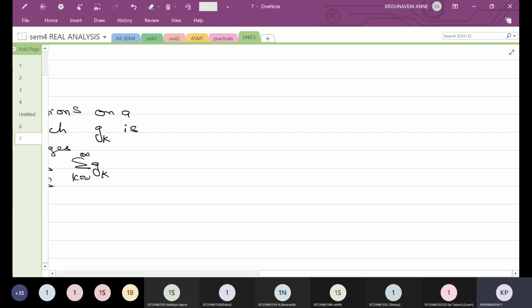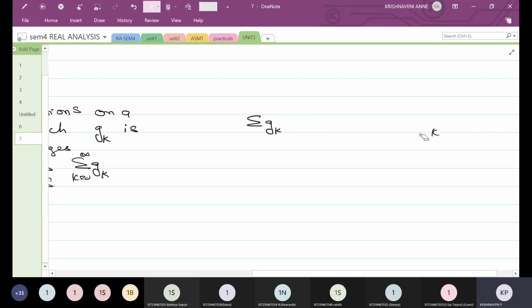What they may give is: if summation gk is a series of functions, and gk is continuous on S, or I'll make a small change.